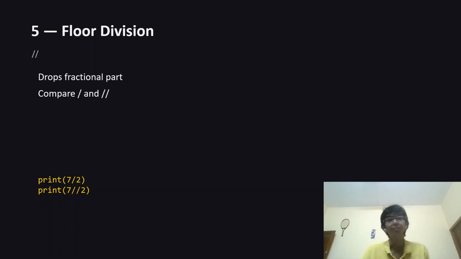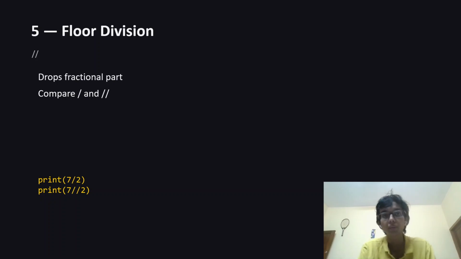Going to the next operator, which is floor division. Floor division is basically division, but it is used when you don't want the fractional part or the float value. If you don't want a float value, you use floor division.